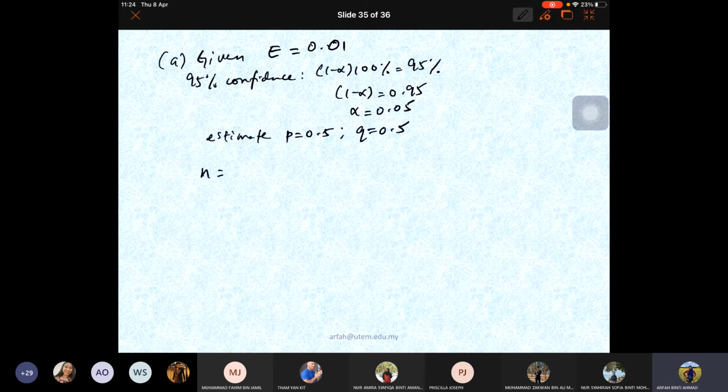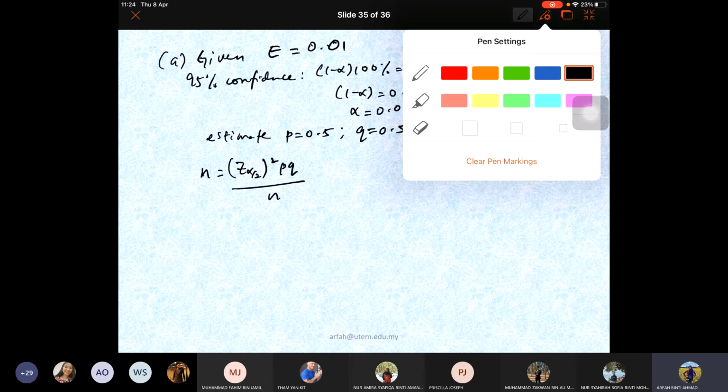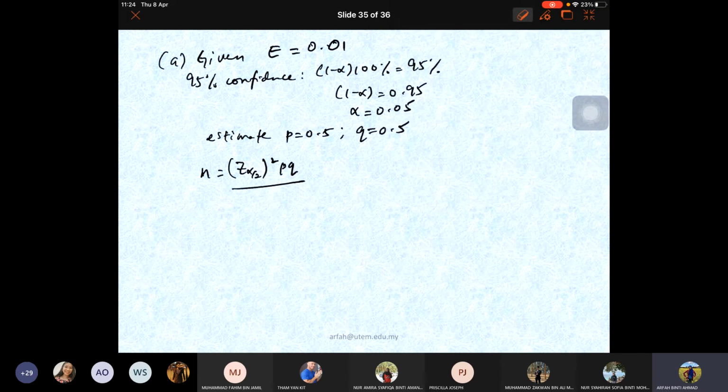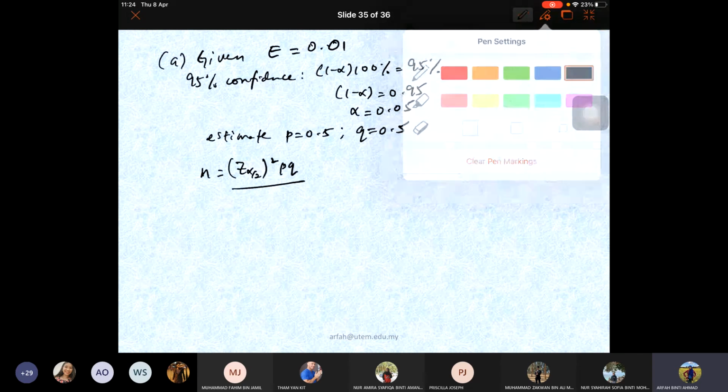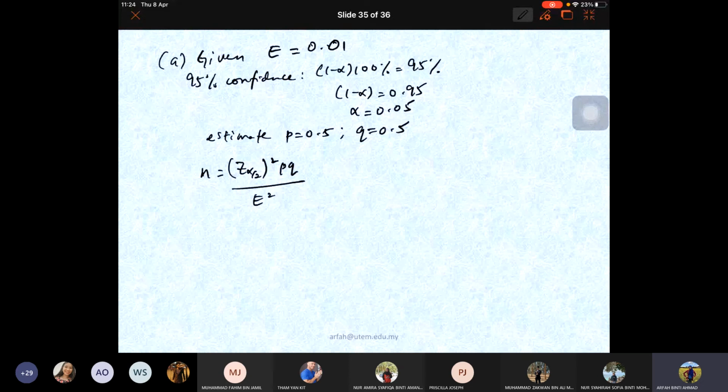So N akan sama dengan, by using the formula, Z alpha over 2 kuasa 2 multiply with PQ, over error term, over E squared. So dapatkan nilai Z alpha per 2 equal to Z 0.05 per 2.